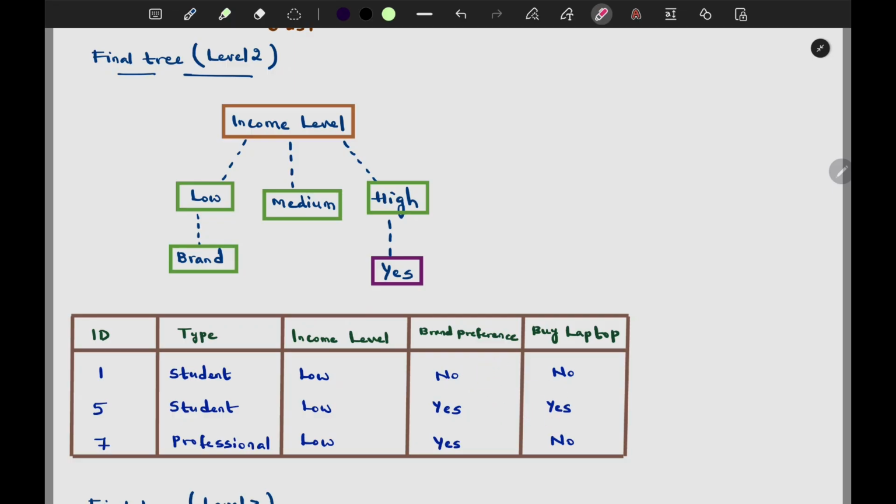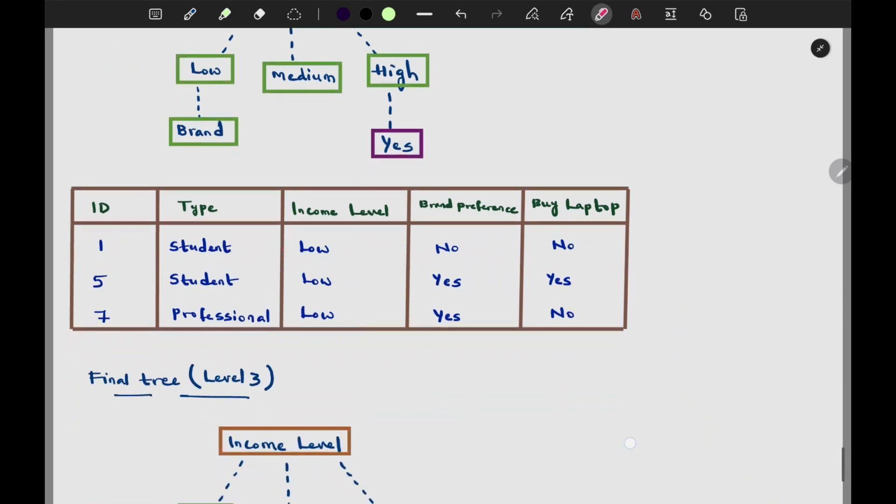So my further tree will be something like yes or no after seeing this brand preference. Now if you consider only no, because you are only having this one observation, I'm having income level as low, brand preference as no, and that no is nothing but only student. There is no confusion between professional or student.